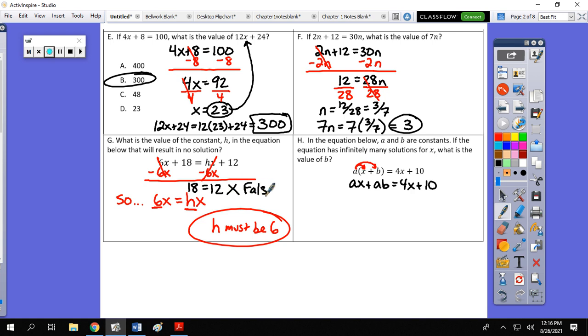That's a false statement, which is how we get no solution. So over here we want this statement, when the x's drop out, to be a true statement, which means, first of all, the x has to drop out, which means when we subtract that 4x from each side, it would have to cancel out, which means that a has to be 4.